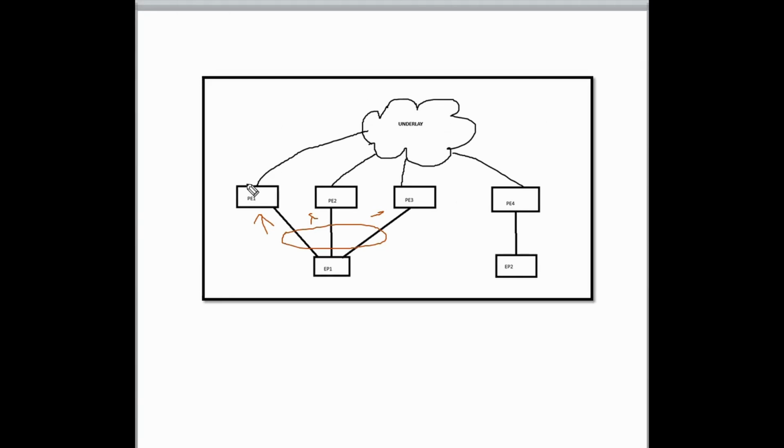So what happens when a non-designated forwarder receives this bump traffic? When the server or the endpoint sends the bump traffic and it gets hashed to the non-designated forwarder, the non-designated forwarder will flip a bit called the split horizon bit before sending the bump packet towards the other VTEPs. So let's say PE1 gets this packet and it sends the broadcast towards the other VTEPs via the spines, it will flip the split horizon bit.